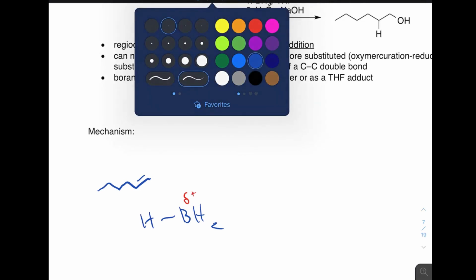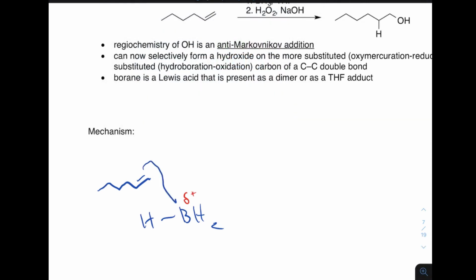So what ends up happening is the alkene will end up attacking boron, and then the electrons between the boron and the hydrogen, H minus, actually end up attacking the more substituted carbon here. And so what we end up getting is the syn addition, attacking the same side of the alkene, of hydrogen and, in this case, BH2. They're on the same side.